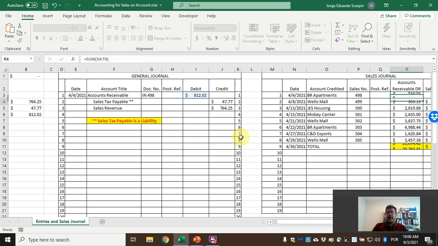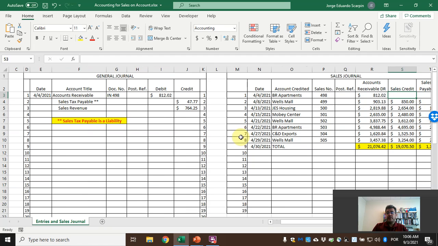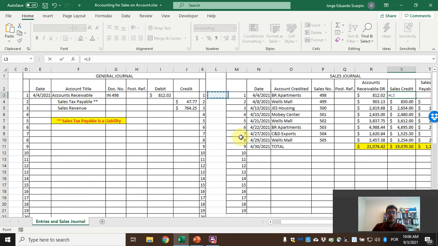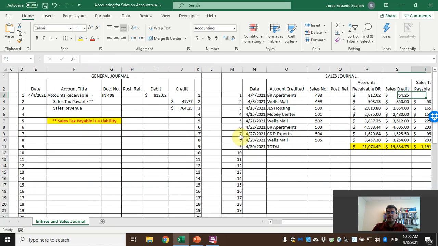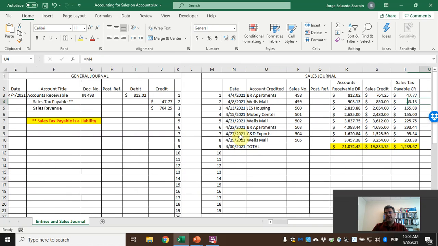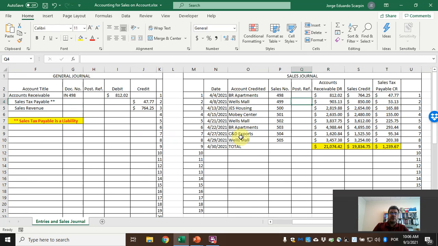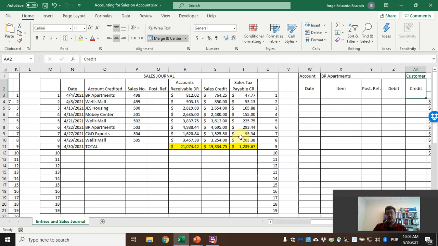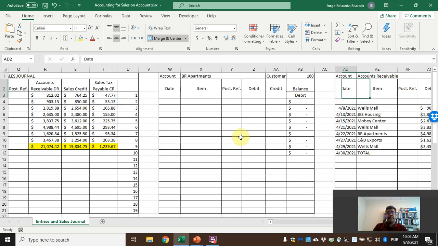Debit record, 812. Sales, 764. Sales tax, 47. And then we go to the other sales that we have. What else? The BR Apartments.